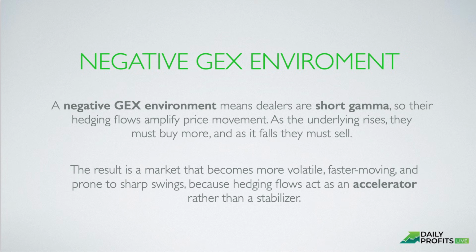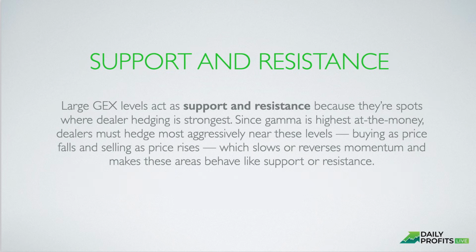Okay, so gauging the market mood is important. Support and resistance levels are also important. And these GEX levels can act as support and resistance because they are spots where dealer hedging is the strongest. Remember I said that gamma is the largest at the money, meaning it's going to affect the option the greatest in terms of delta movement.